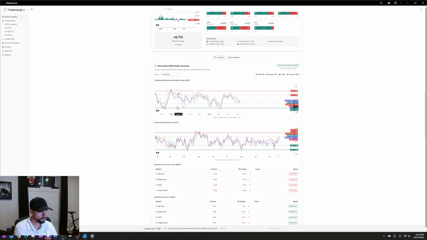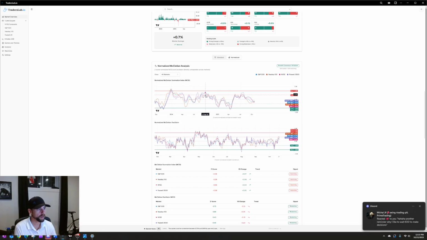So a large spike to 2 standard deviations above is an extreme overbought condition. You have the +1 standard deviation, which is not extreme, but overbought, a potential reversal point to the upside.